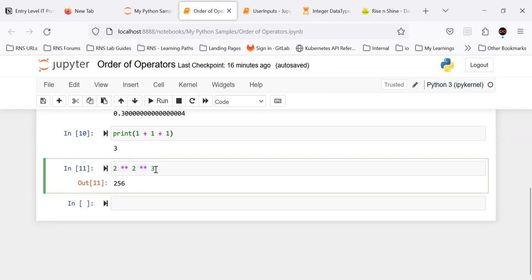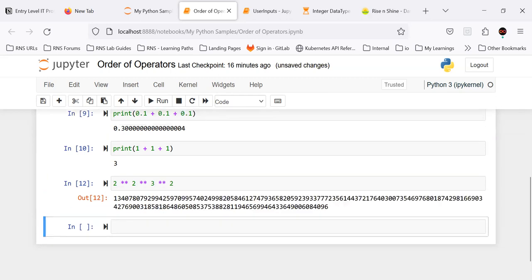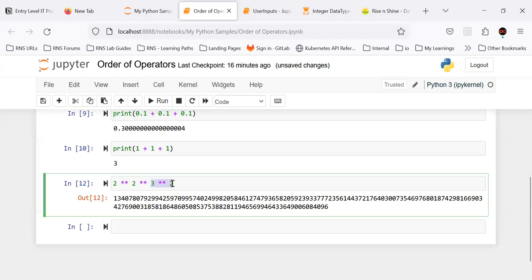If I give one more power, suppose something 2, and if I execute it, you see the value. So first this will be 3 power of 2. Then 2 power of 9. Then whatever value we get, 2 power of that value.